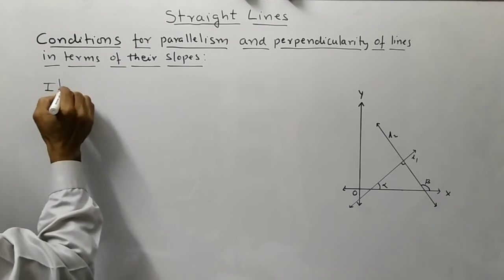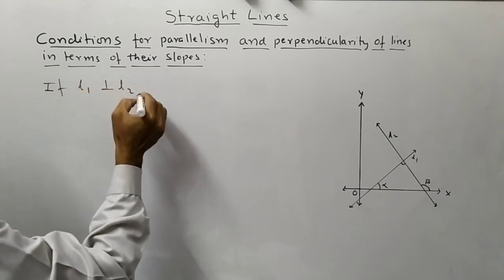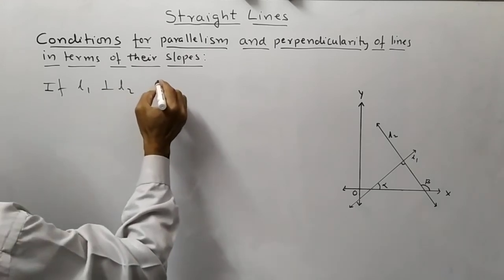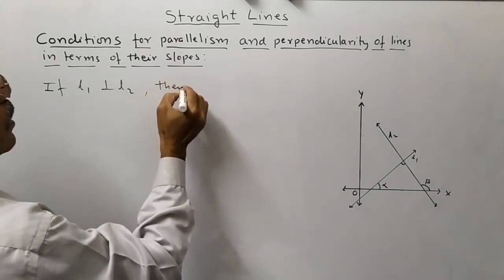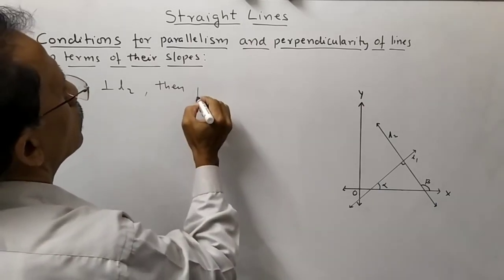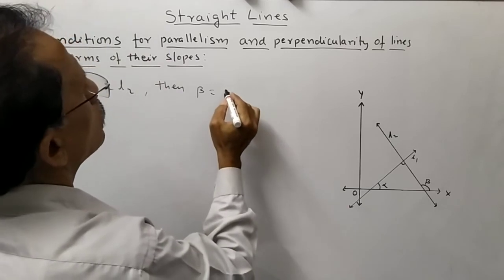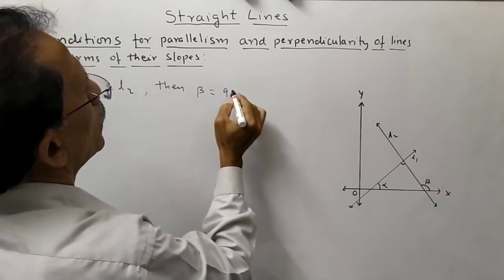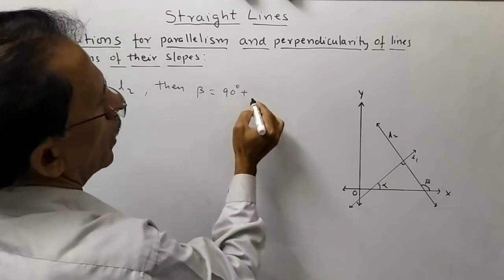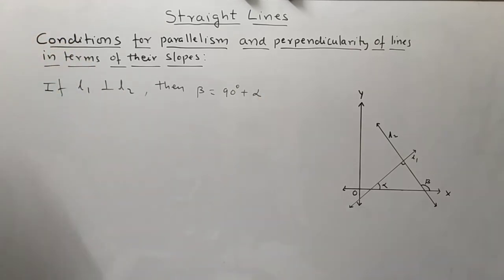If L1 is perpendicular to L2, then beta is equal to 90 degree plus alpha by using exterior angle property.